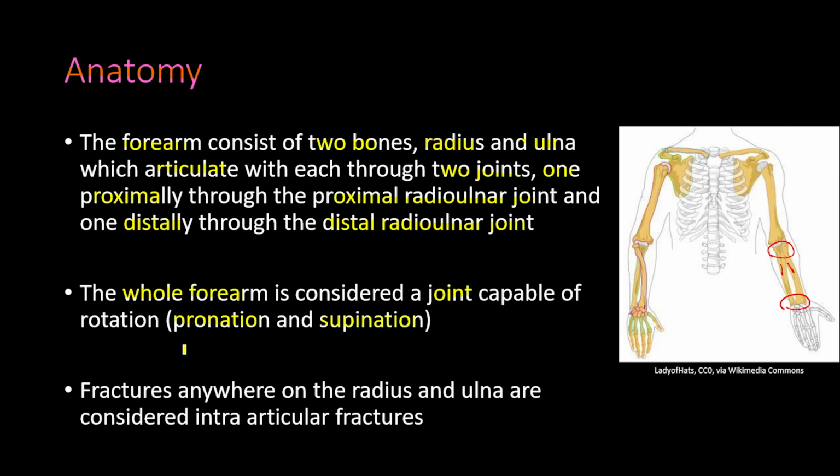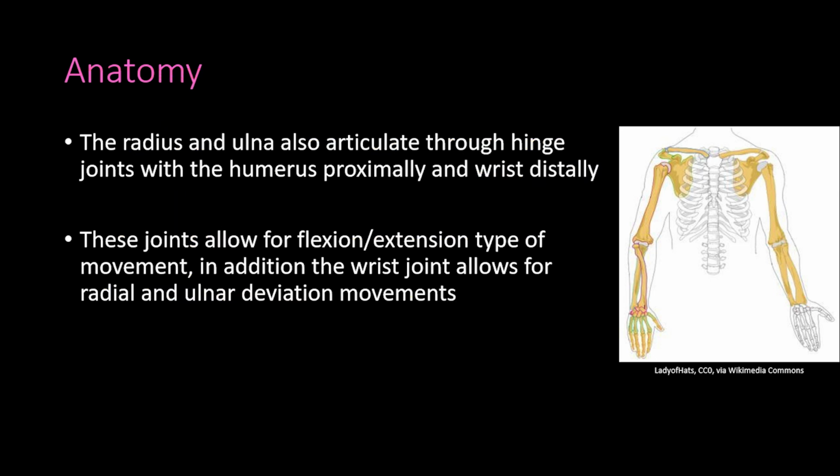And because of the fact that the whole forearm is a joint, this means that fractures anywhere on the radius and ulna are considered intra-articular fractures. And with intra-articular fractures comes a higher risk of stiffness. And also, the radius and ulna articulate through hinge joints with the humerus proximally and the wrist distally.